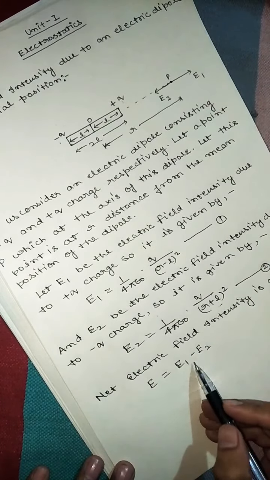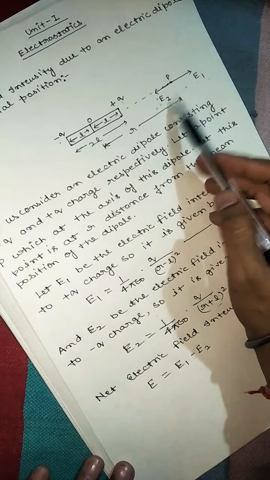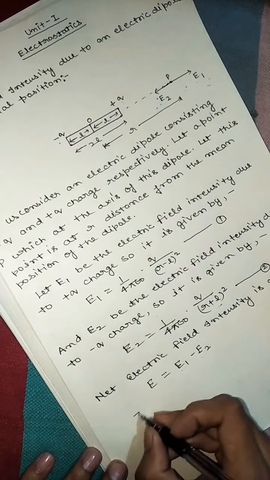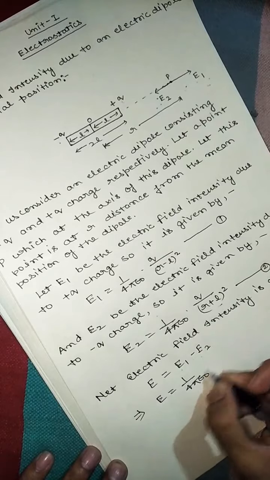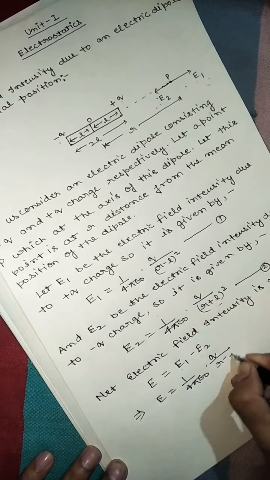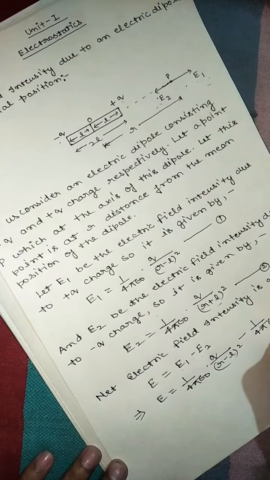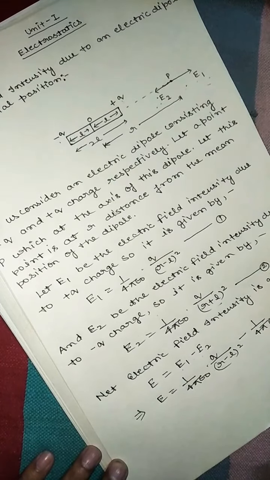This minus sign indicates that E1 and E2 are in opposite directions. That is why we are taking E1 minus E2. This implies that E is equal to 1 upon 4 pi epsilon naught q upon r minus l whole square minus 1 upon 4 pi epsilon naught q upon r plus l whole square.